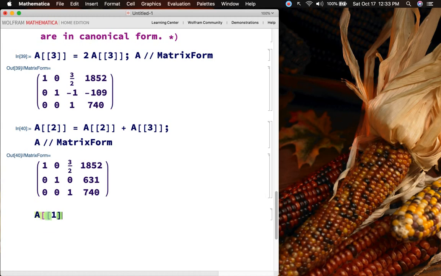So I'm transforming the first row minus 3/2 times the third row. And why am I doing minus 3/2? Because 3/2 minus 3/2 times 1 is equal to 0.